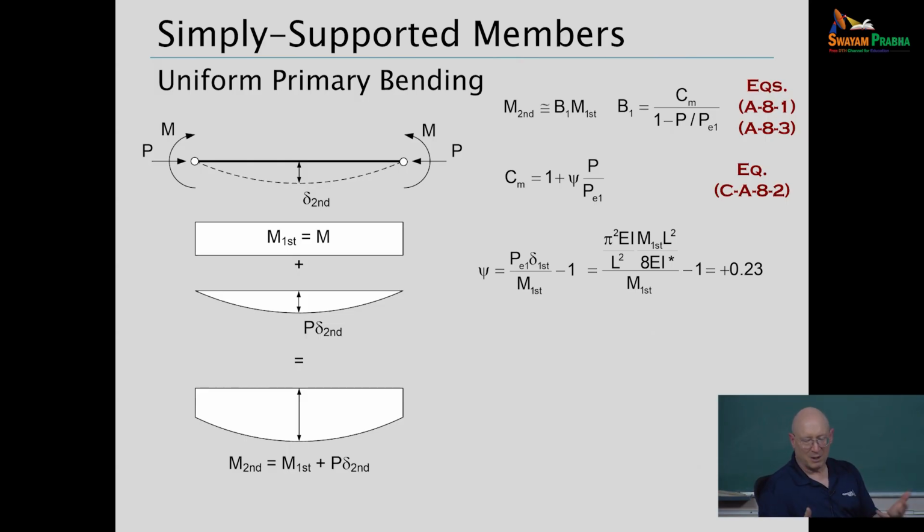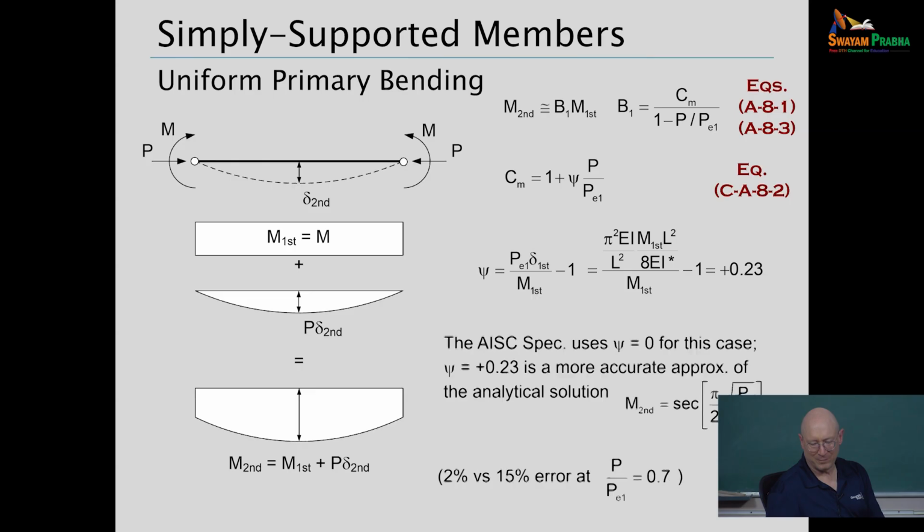So let's put all the terms in there. We can see that the psi term for this case reduces to positive 0.23. Well, this is a little bit weird. The AISC specification actually, for a uniform bending case, suggests that you just take psi equal to 0.